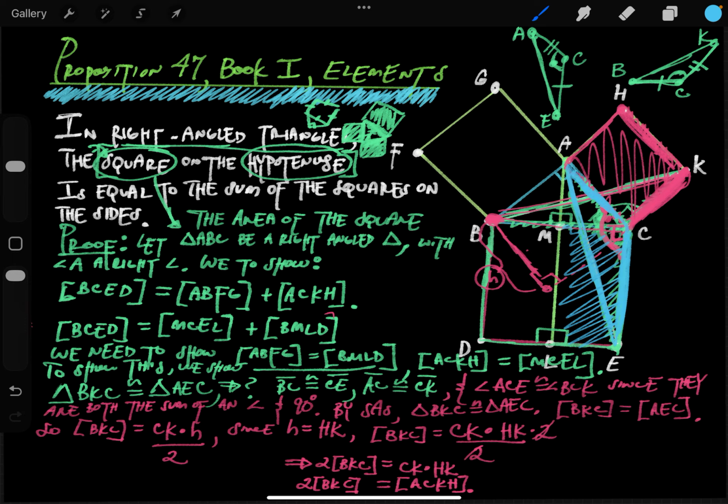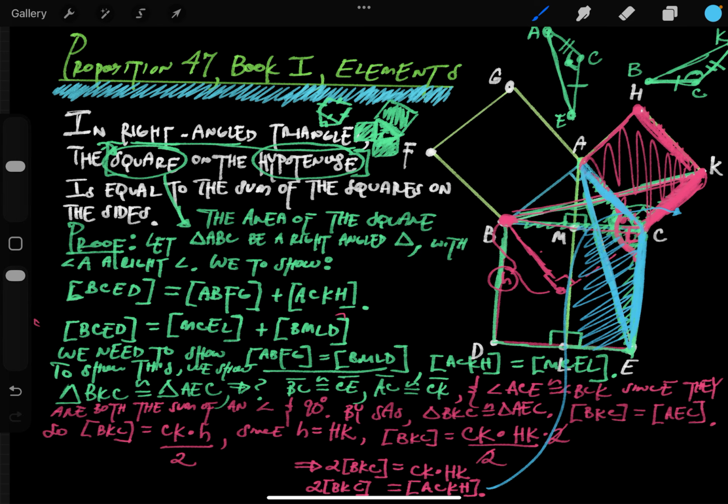So it's likely that it has something to do with that. So let's write more up here. What am I looking for? I'm looking for something involving AEC.